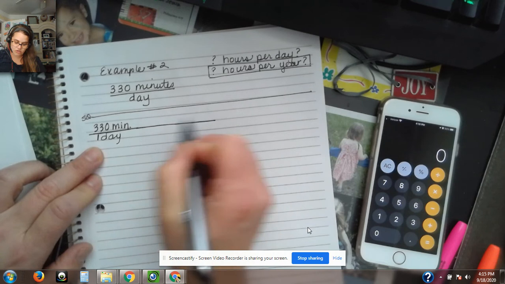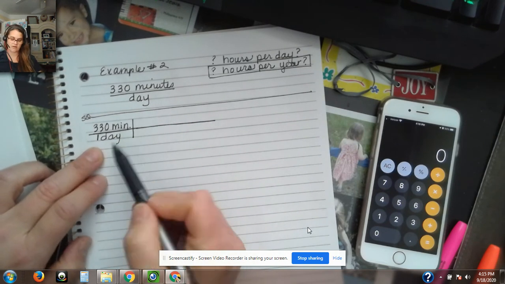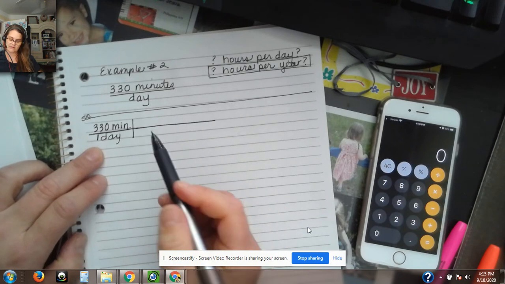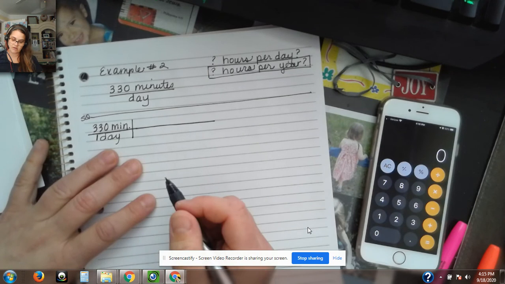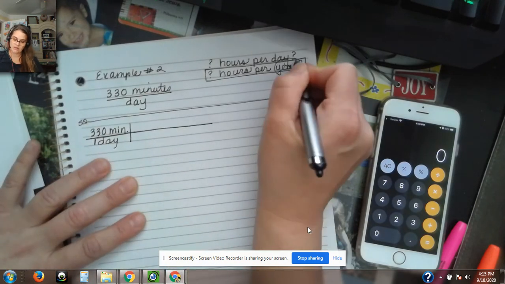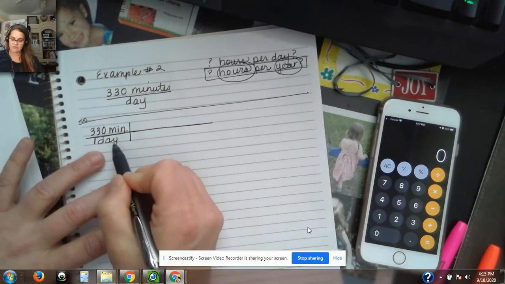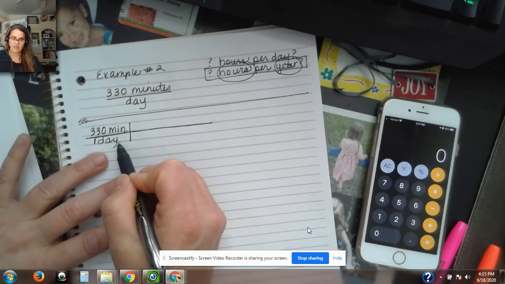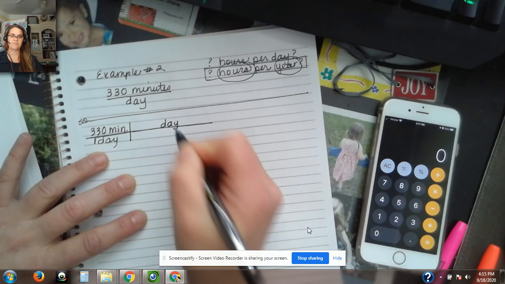Now we have a choice. We can start by converting the minutes, or we can start by converting the days. I'm going to start by doing the days into years, because we need to get this one and we need to get this one. So if day is down here in the denominator, it now needs to appear here in the numerator.